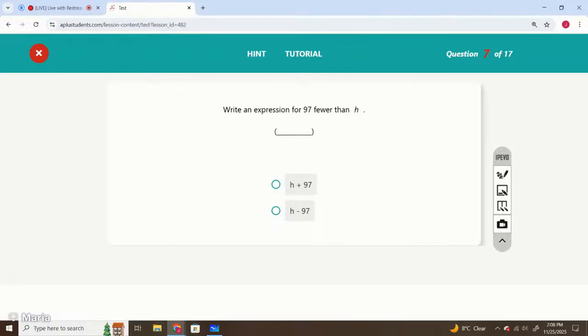Write an expression for 97 fewer than age. So that would be age minus 97. Option number 2 is the correct option.